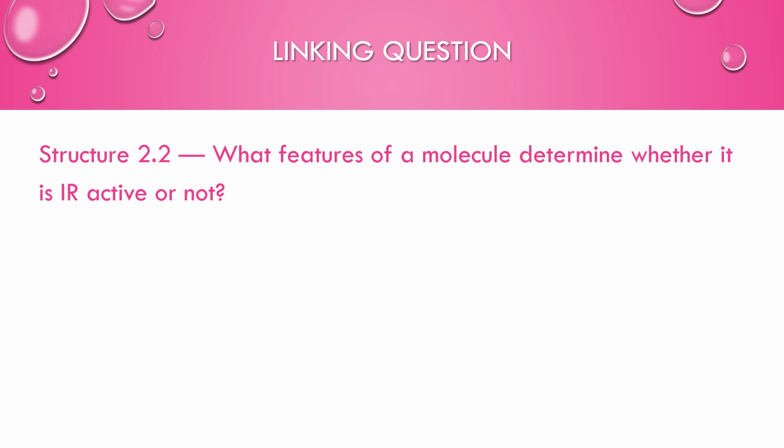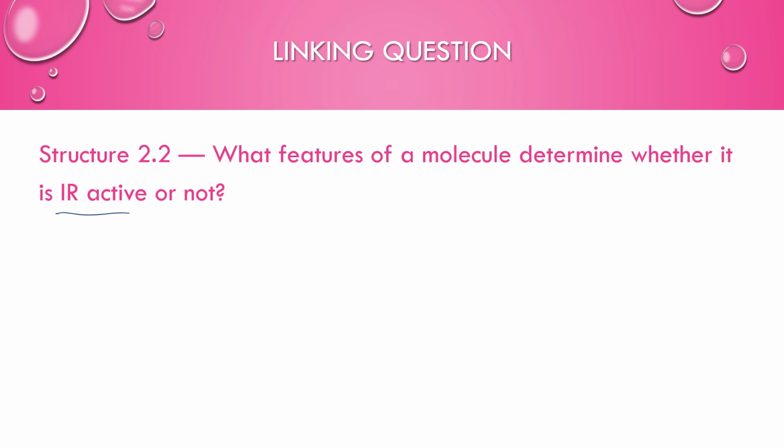So this section links back to structure 2.2. What features of the molecule determine whether it's IR active or not? The biggest thing is it's going to cause significant stretching or bending of the bonds. And that involves whether or not the stretch or the bend is changing the dipole moment significantly.